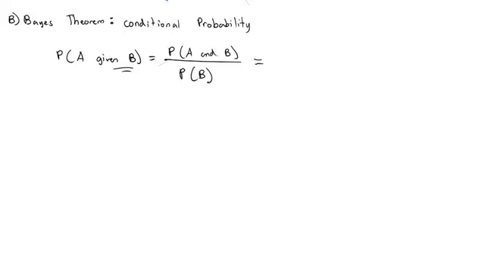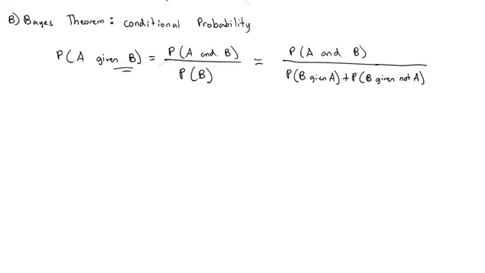But we can rewrite that denominator in another way that actually allows us to find opposite conditional probabilities. We'll keep the same numerator, probability of A and B. And B doesn't really care what A does. It's really a combination of the probability of B given A plus the probability of B given not A.